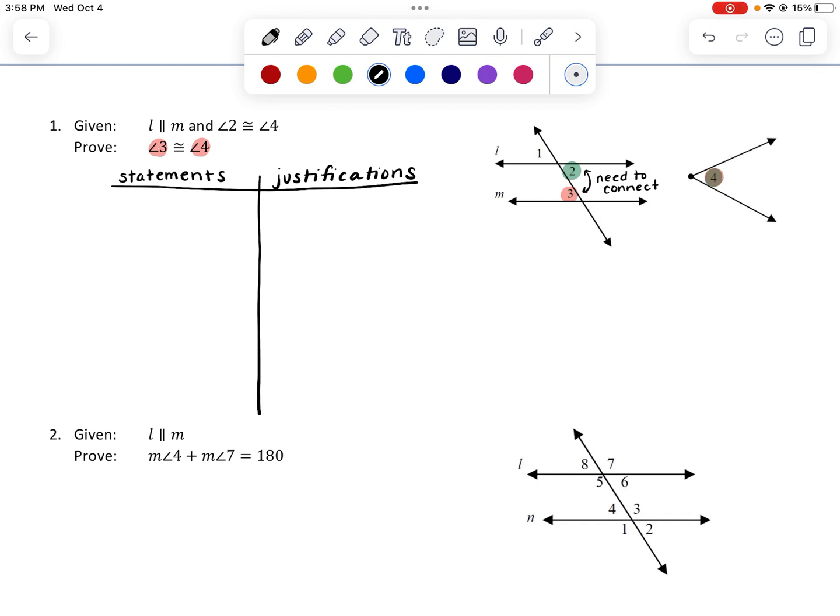We have some given statements. I know that L is parallel to M, and I know that angle 2 is congruent to angle 4. And those are all given. So that's where we start.